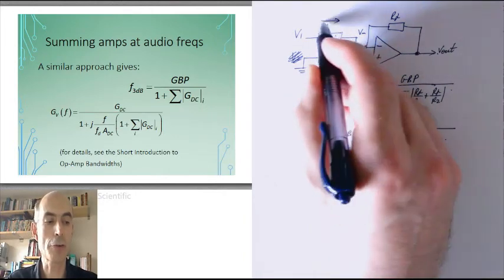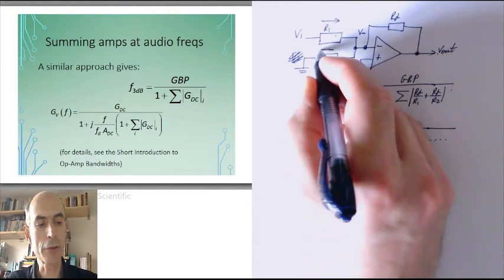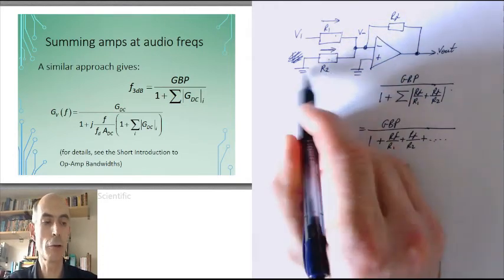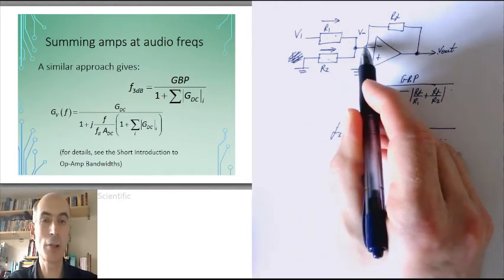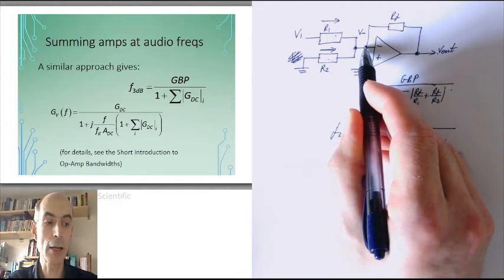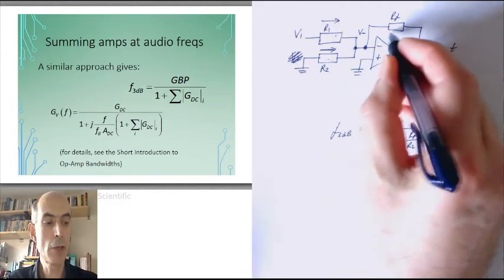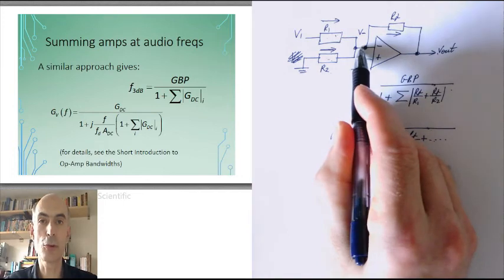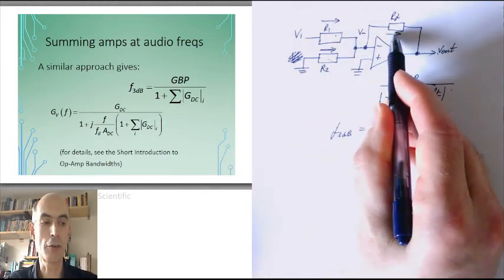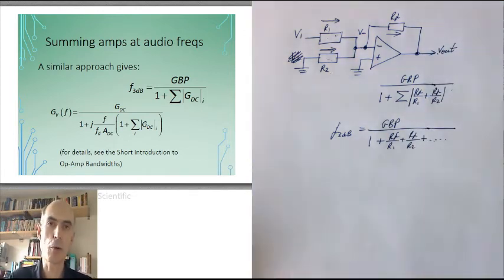So you do have a current through R1, but you also have a current flowing through R2 from ground to the inverting input here, which is no longer at 0 volts. And we really do have to apply Kirchhoff's current law to this node here and take into account all of these three currents when we're trying to solve for our output.